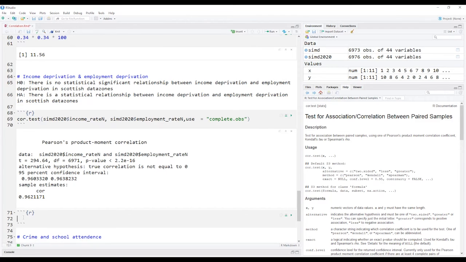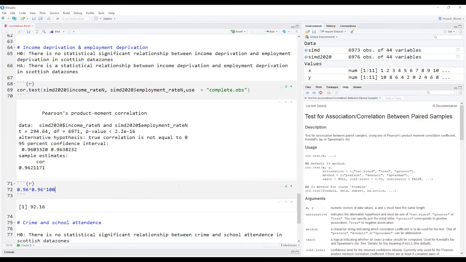So we have a very strong positive relationship. Let's find out the variance. Our R squared is 92. So we can further add that 92% of the variance in employment deprivation explains income deprivation.